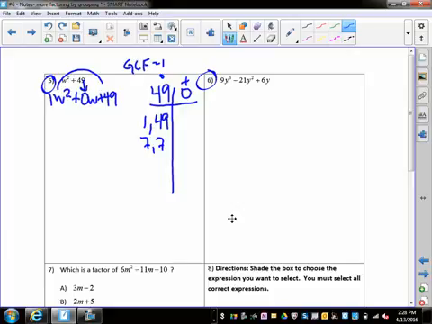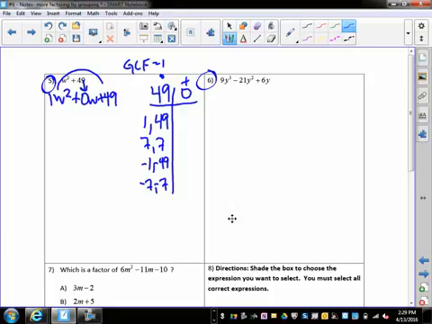In order for it to multiply to be a positive number, they both have to be positive, or they both have to be negative. Both positive will multiply to be a positive, or both negative will multiply to be a positive. One can't be negative and the other positive, because a negative times a positive gives me a negative.